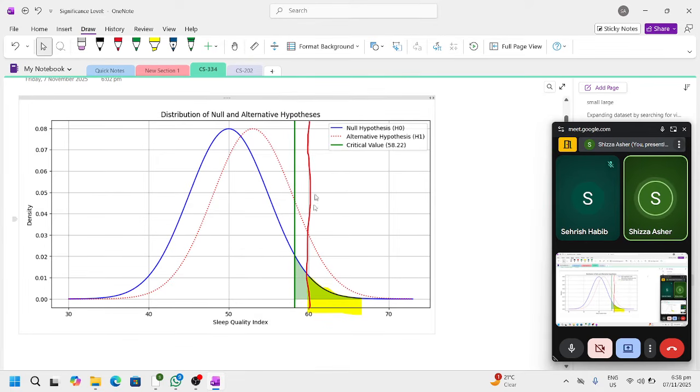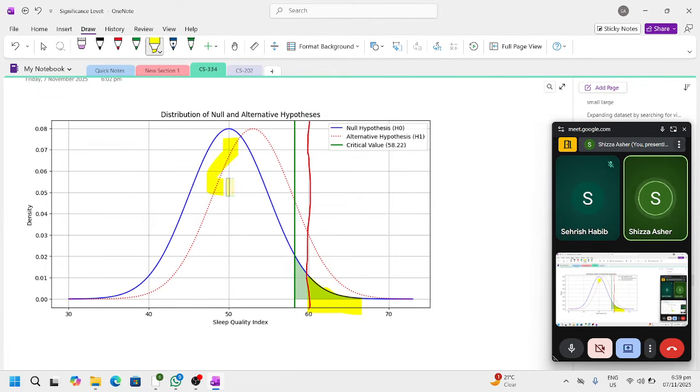So essentially, the observed test statistic is greater than the critical value. It is in the region to the right of your critical value. This means that you will reject the null hypothesis. If it were to the left, you would fail to reject the null hypothesis.